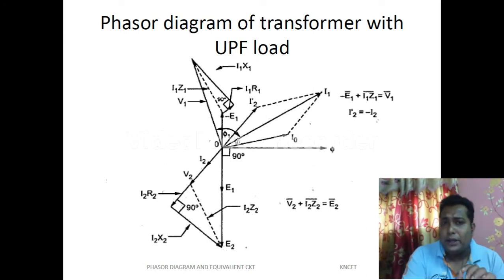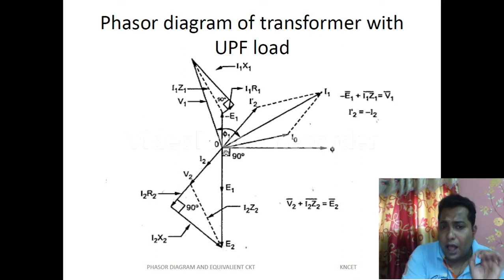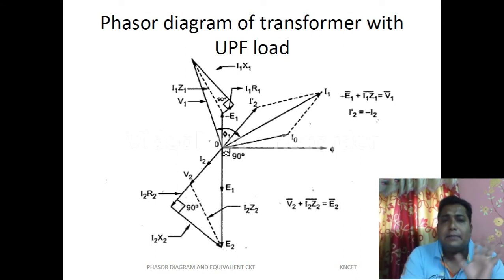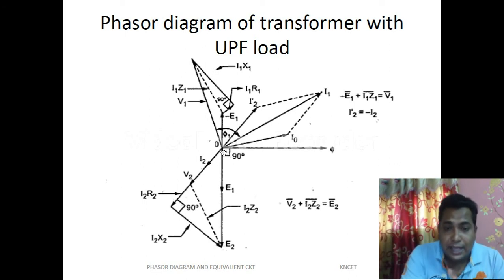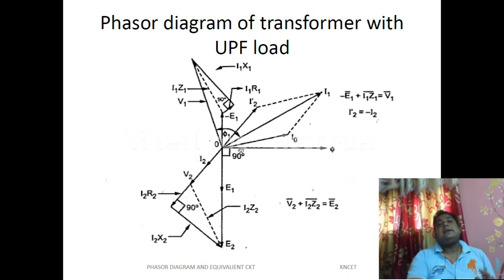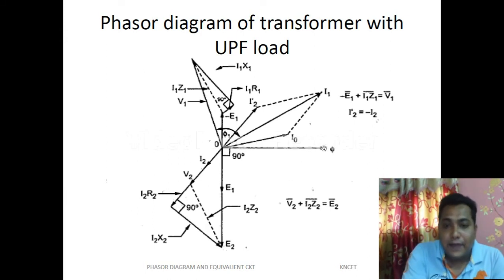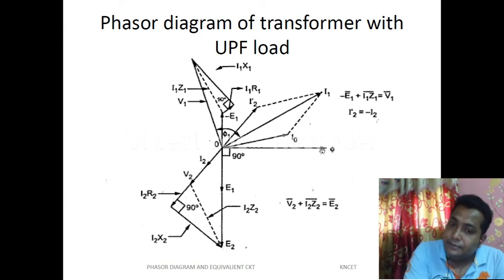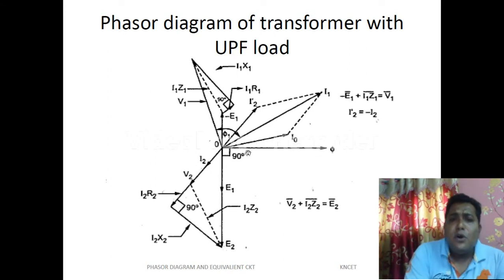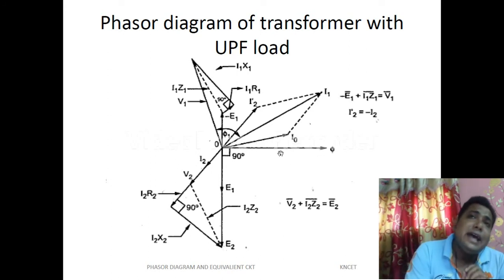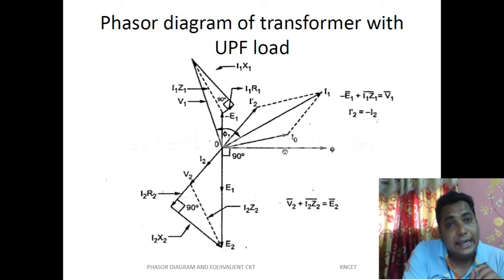So follow my pointer. My pointer is showing how this phasor diagram is developed. As we have done previously, to draw any phasor diagram we have to take a phasor reference line. That's why this phi is there, the reference line. Now over this phi line we have the magnetizing current IM.